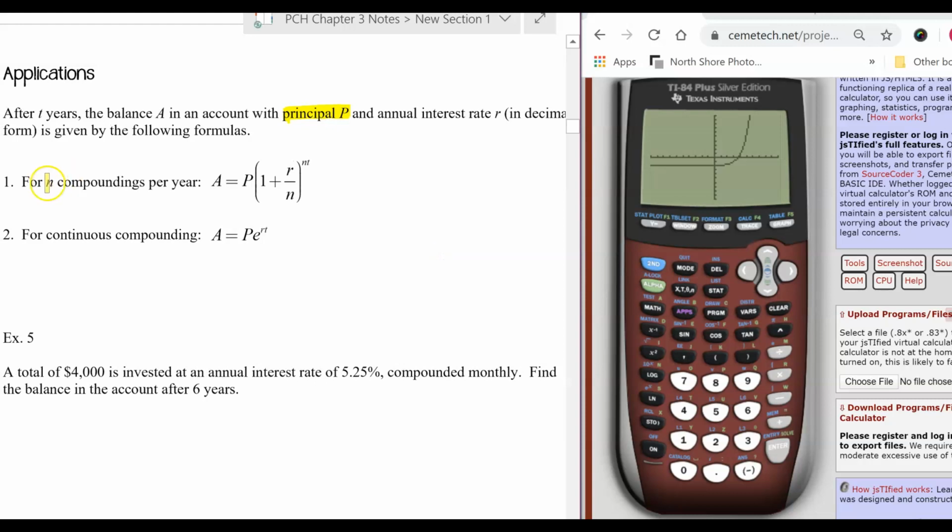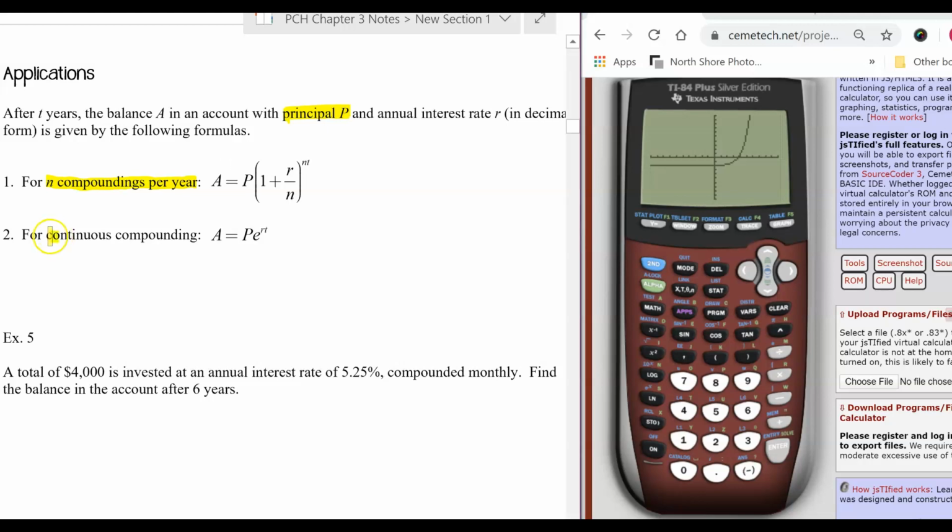So for n number of times compounding per year, we have the formula A is equal to P times the quantity 1 plus R over n raised to the nt. And for continuously compounding, we have A is equal to P times e to the RT. So n compoundings a year, for example, they may give you interest on your money twice a year, or they may give it to you monthly, so they would calculate interest monthly.